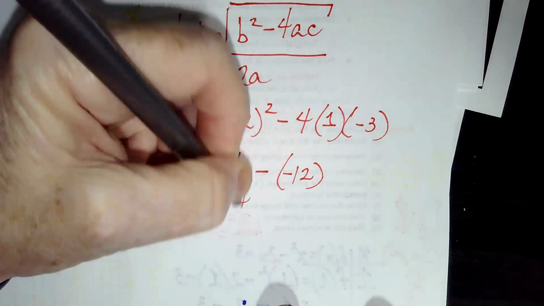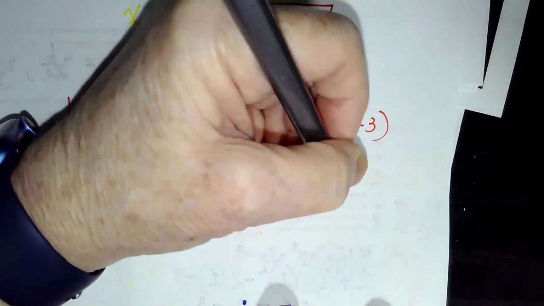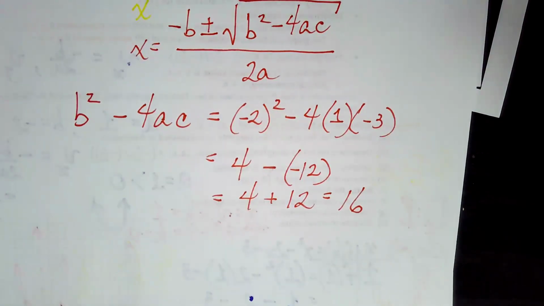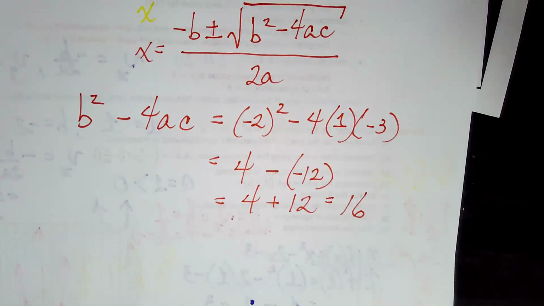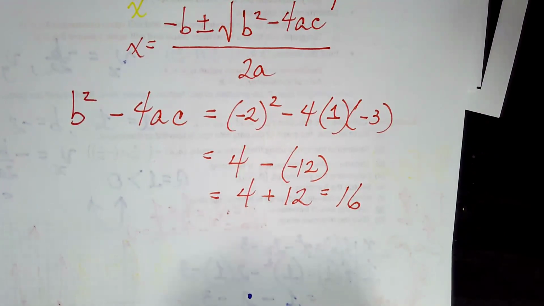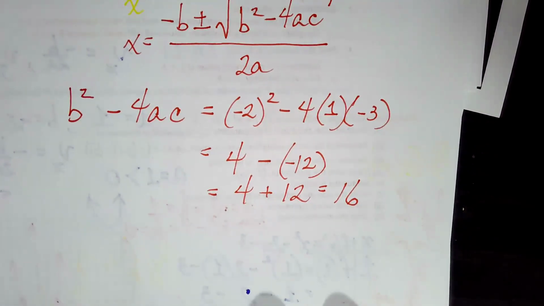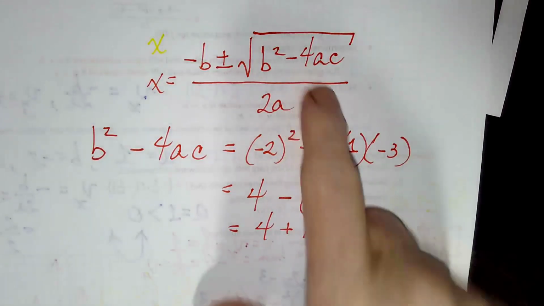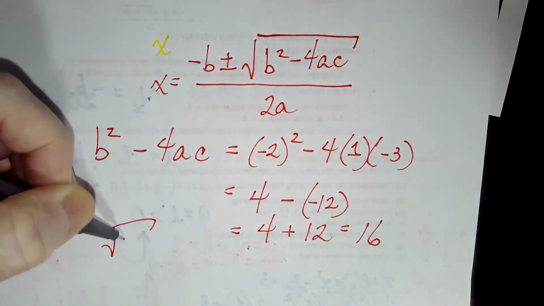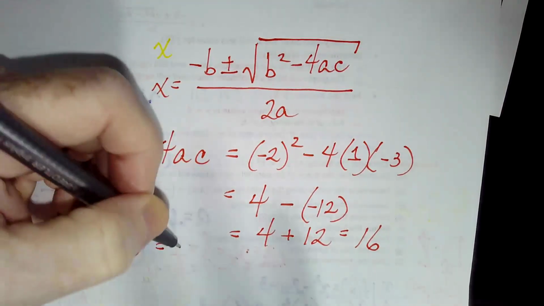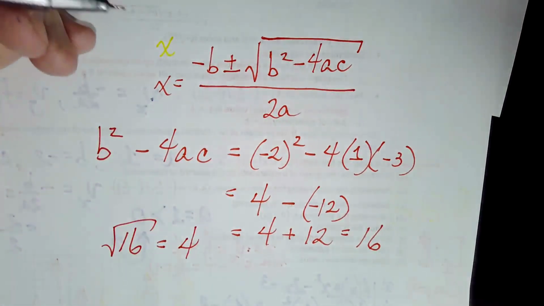You're adding 4 to -12, which is -8. Isn't it 16? By doing this separately, now it's not a big deal to find the square root of 16. And that number is 4.